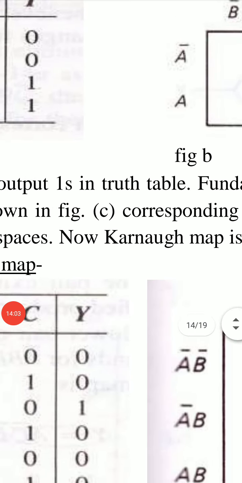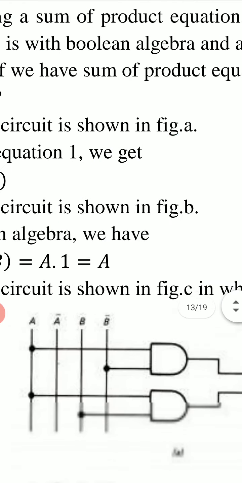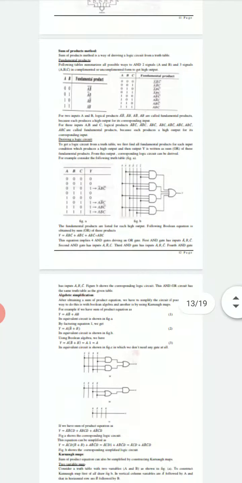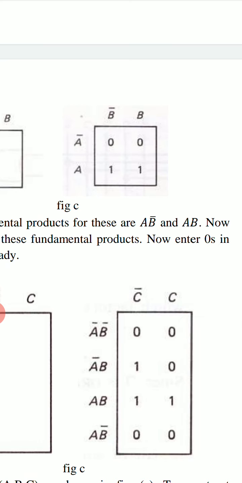Now we see the fundamental products. Since output y is 1 for these two combinations, 1 0 and 1 1, and the fundamental products for these two combinations are A B bar and A B, we put 1 for each of these two fundamental products.